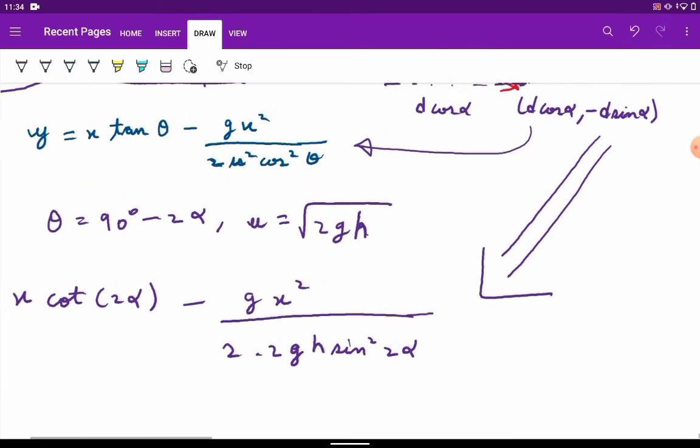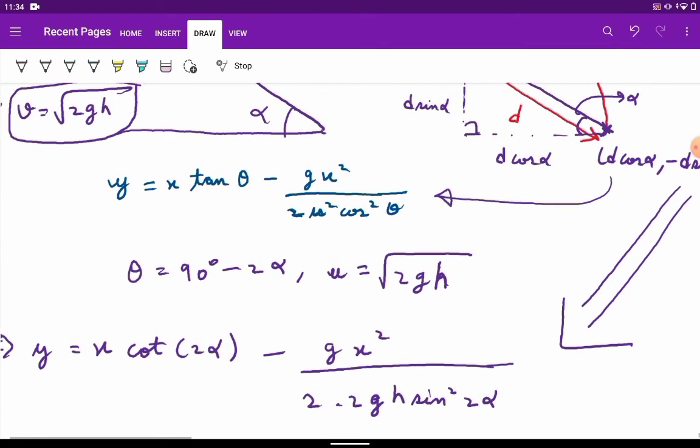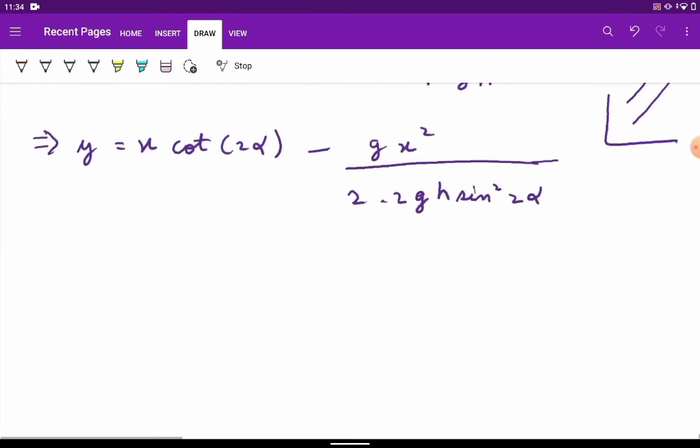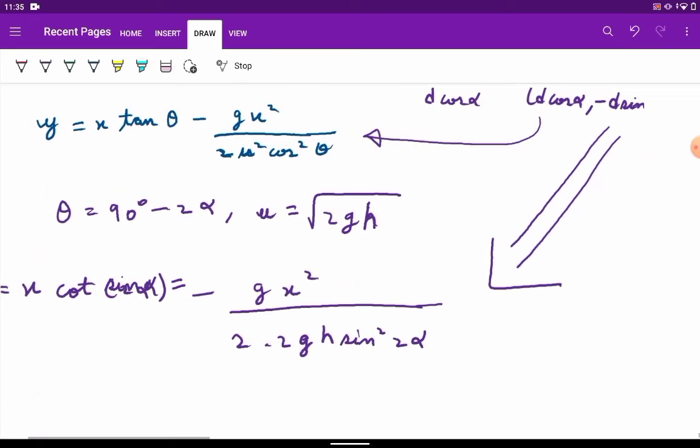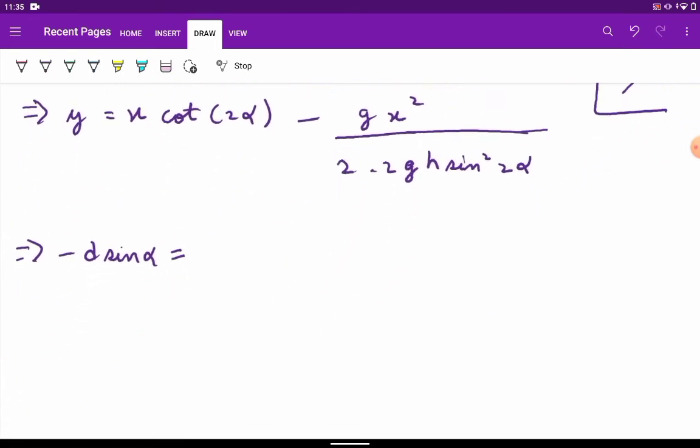Okay, d cos alpha, minus d sin alpha. y is equal to minus d sin alpha, and x is equal to d cos alpha. Alpha, minus g x square.